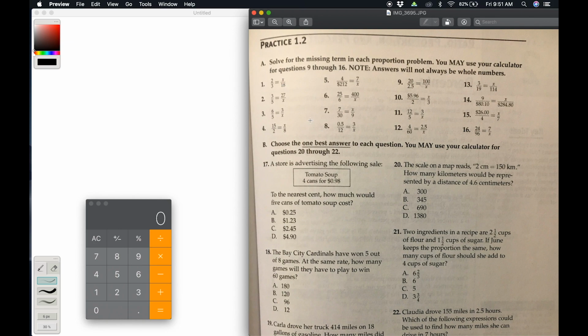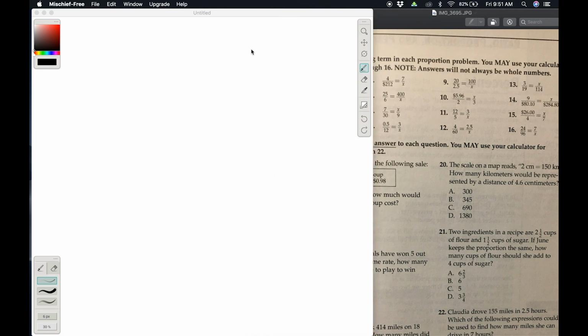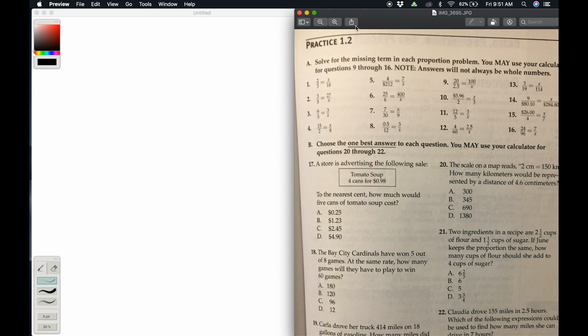Okay, so as you notice from the last page, it kind of told you how to multiply this. I'll tell you how I like to think of it, because the thing is, with math, there's so many formulas that it's so easy to forget. So we'll put 2/3 equals x over 18.